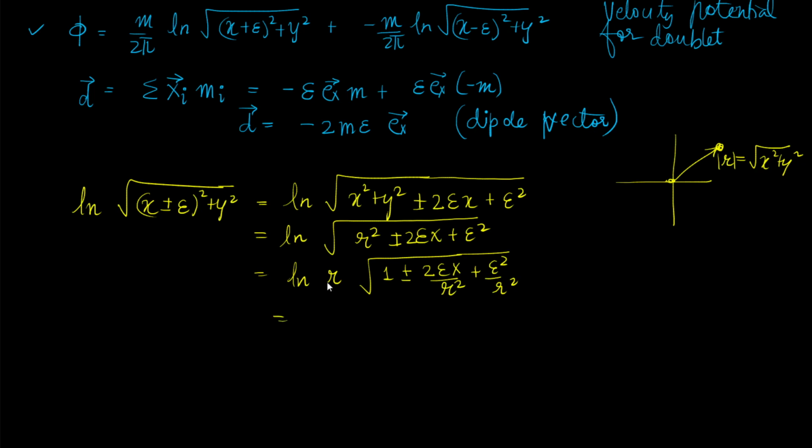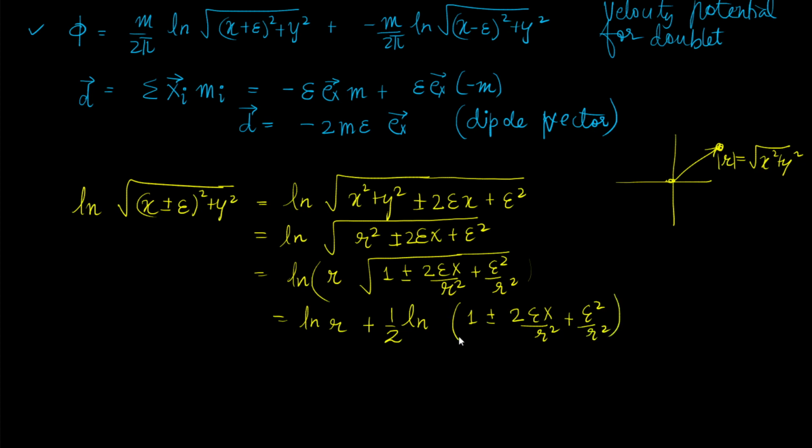Now log of a times b is log a plus log b, so this becomes log r plus log 1 plus minus 2 epsilon x upon r square plus epsilon square upon r square, with a half over here.